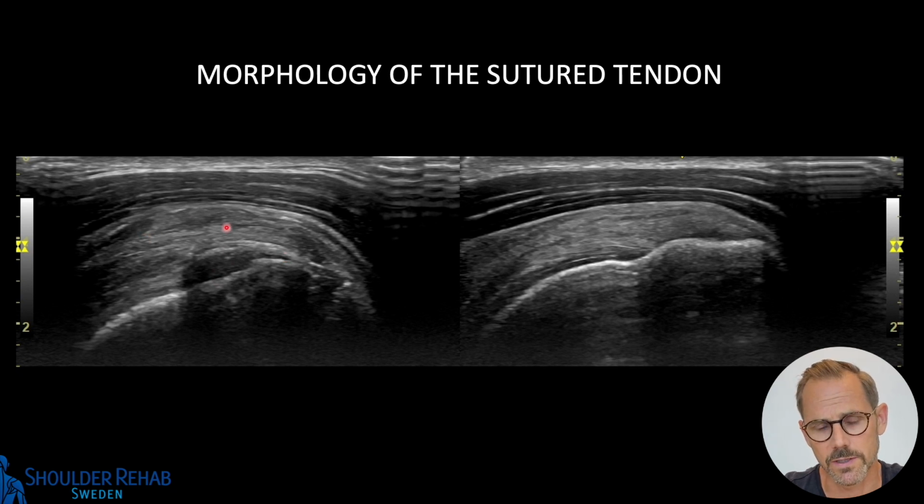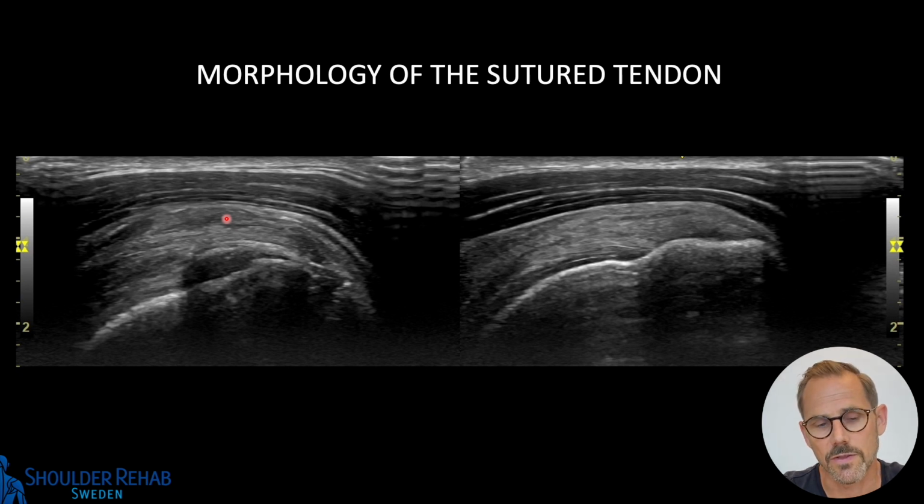If we look first at the healthy tendon, this is the real tendon up to here, and then we have the bursa above that. And here we have the actual tendon tissue up to here, and then this is bursal tissue, and you can see that this is thickened, much thicker than on the non-operated side.